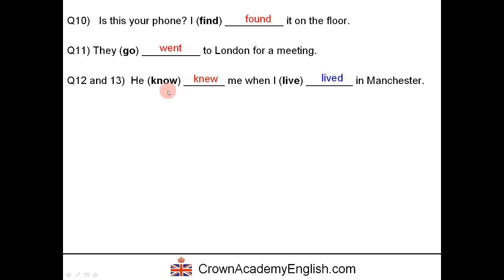So the past simple form of the verb know is knew, which is irregular. And the past simple form of the verb live is lived. And this is regular. So this is the normal rule where we add ed, or d in this case, to the end of the verb. We only add the letter d because the verb already ends in the letter e.